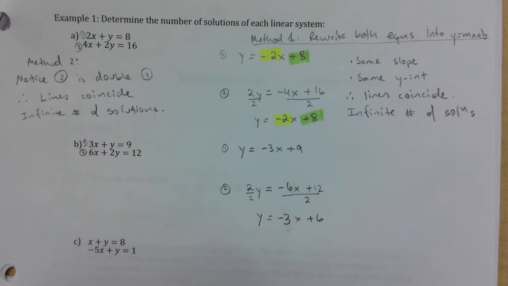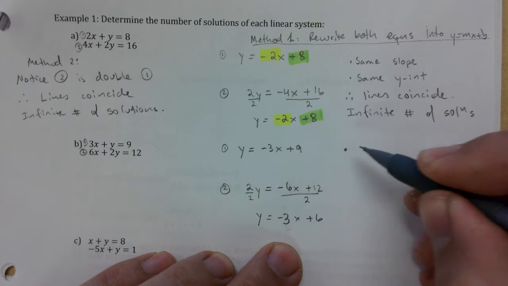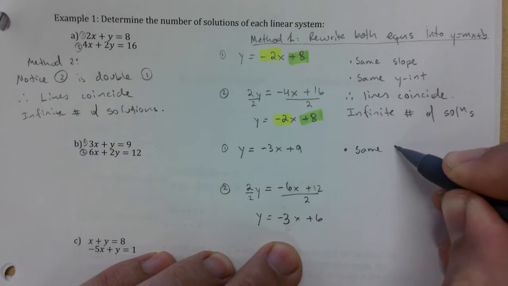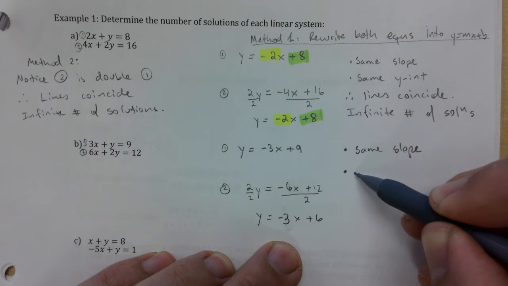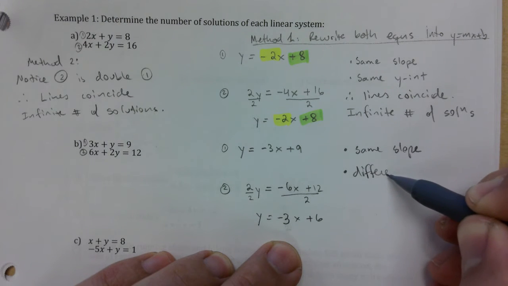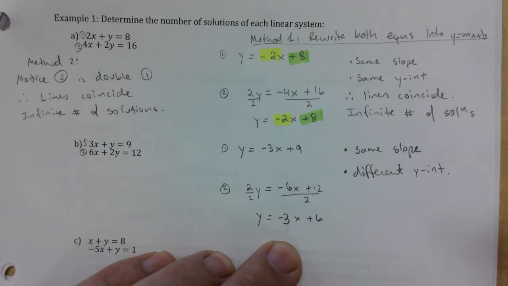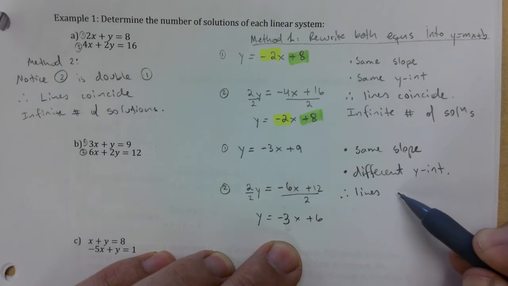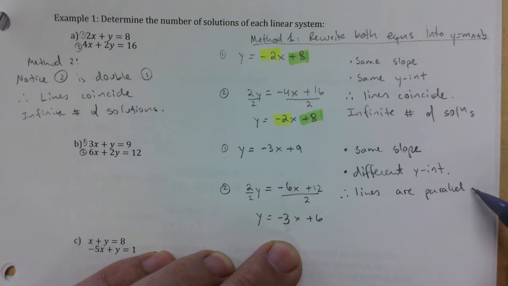So in this case, slopes are the same slope, but you have different y-intercepts. Therefore, lines are parallel. You can just use this symbol from now on.